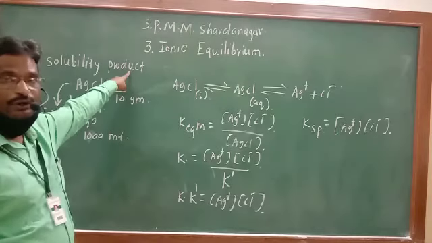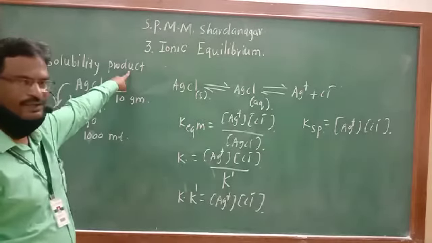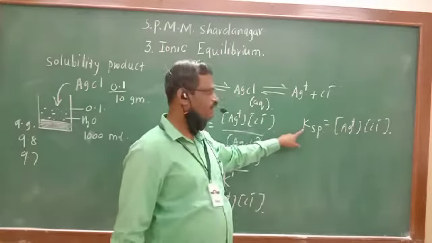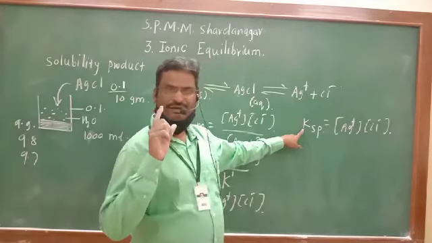That is the solubility product constant. So how is that solubility product constant defined? How is Ksp defined?